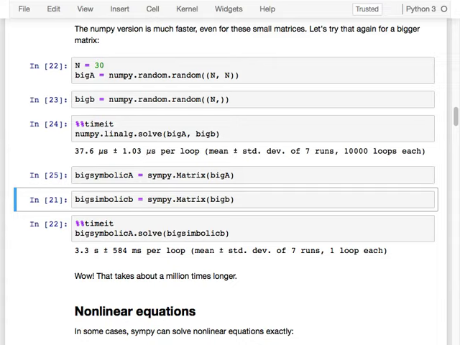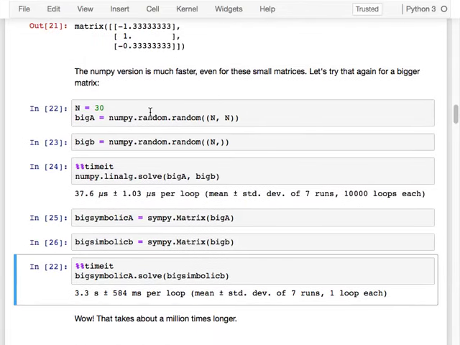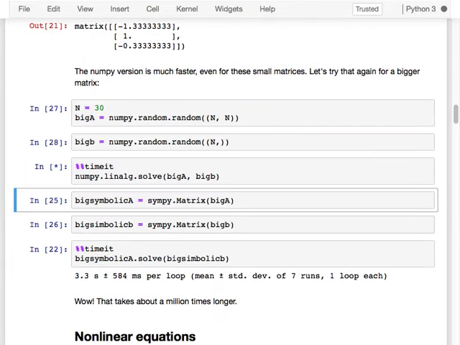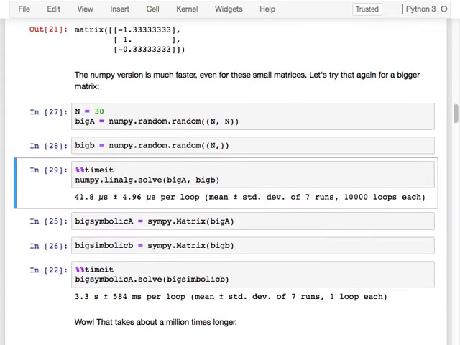Now, I'm going to build the same matrix, a 30 by 30 random matrix. When I do that with linalg.solve, it takes 41 microseconds on average to solve that system. So this is 30 simultaneous equations that we're solving.